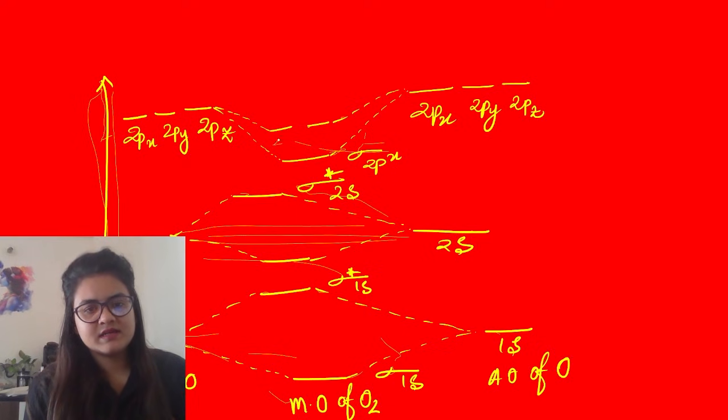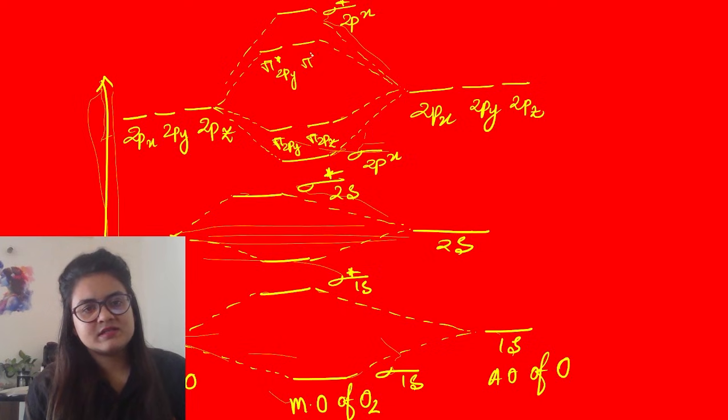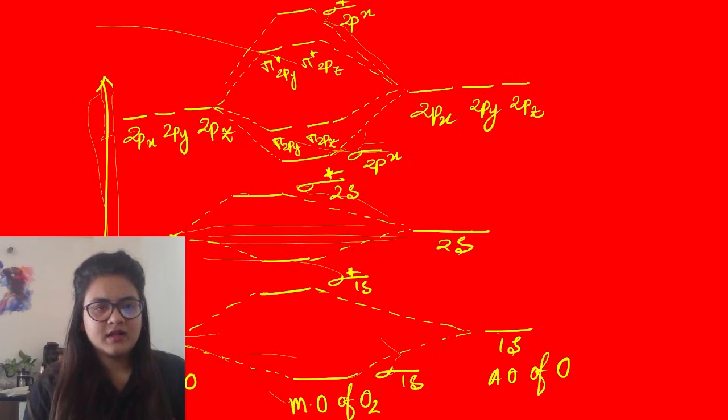So I will name them pi 2py and pi 2pz. Above also, now it's time to draw the anti-bonding. Anti-bonding I will do with the same, sigma star 2px at first, and then the pi, that is pi star 2py and pi star 2pz. That's it. So this is the overall MO diagram.